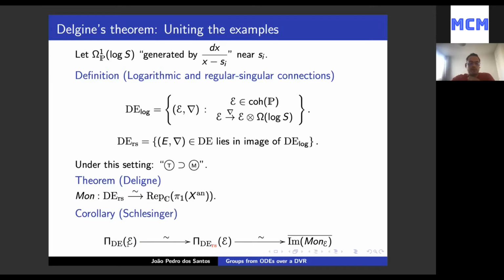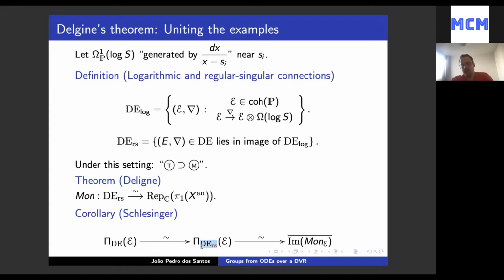You have two categories here: D regular singular, and then the usual D. And you compute this Tannaka-Galois group inside D and inside D regular singular, and it just turns out that they are the same.